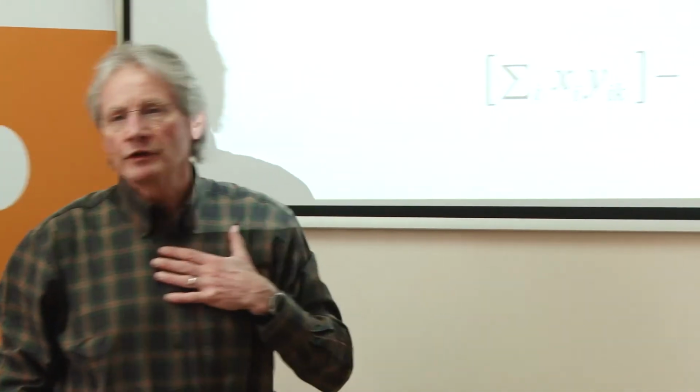Then you could ask, testing this hypothesis with this Lagrange multiplier test, whether this delta is 0. Of course, you could do that also with the other test statistics. You can do it with a Wald statistic, you can do it with a likelihood ratio statistic.